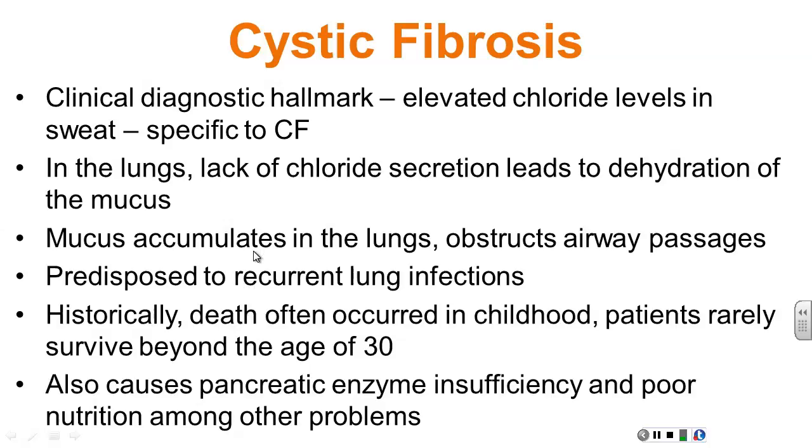Another hallmark of cystic fibrosis: in most patients you will also see pancreatic enzyme insufficiency and poor nutrition. That's because basically the same thing happens in the pancreatic duct. You get that real thick mucus accumulation blocking the pancreatic duct. You can't send those digestive enzymes out, so they don't digest food properly, and therefore they have poor nutrition.